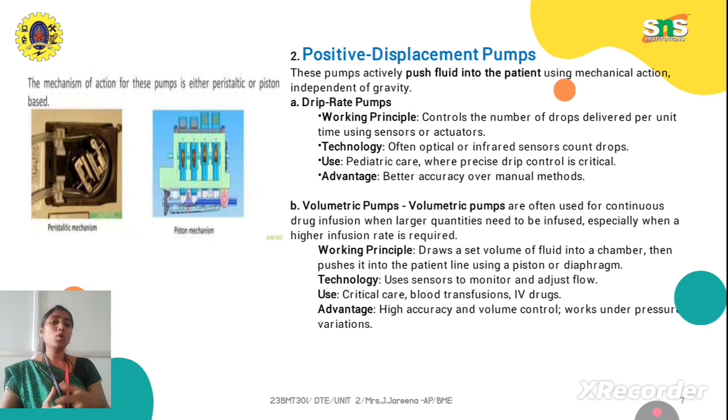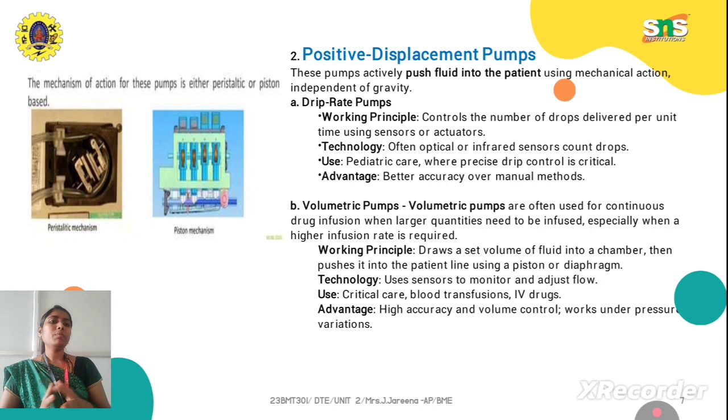Whereas the volumetric pump is also called the infusion pump, because here we send a large amount of fluid over a certain period of time. That's why this particular pump is called an infusion pump. Large quantities are infused, especially when a high infusion rate is required.